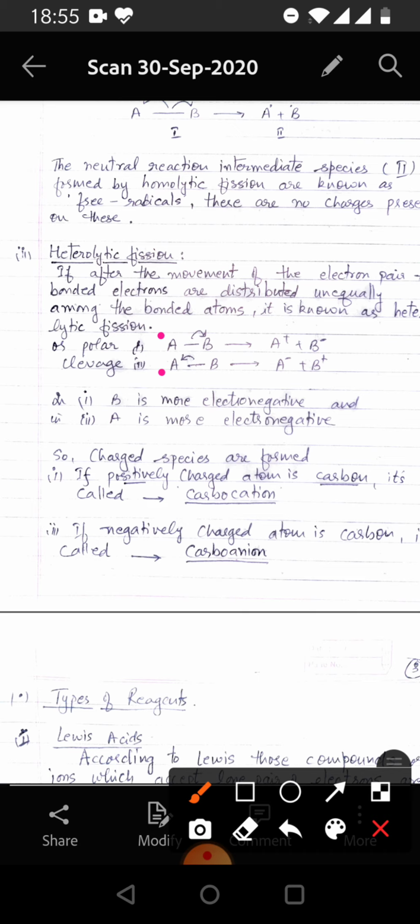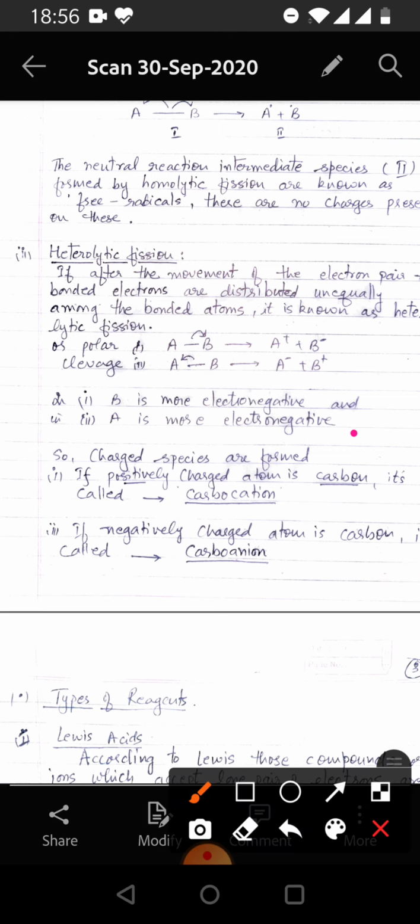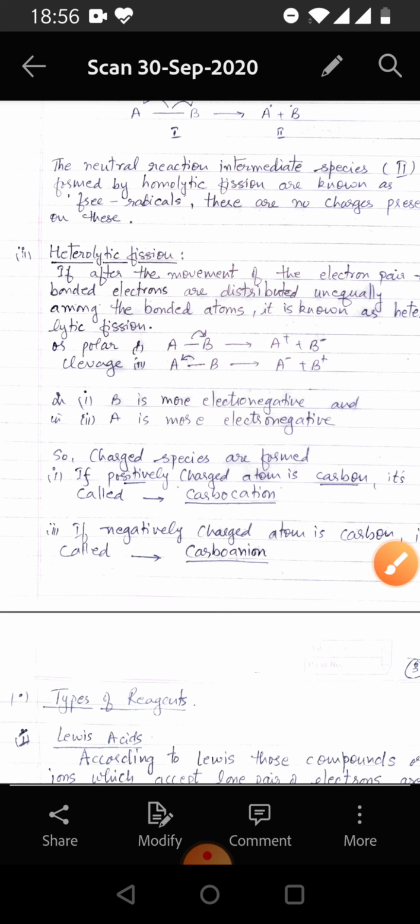In the second case we see that the bond pair of the electron between the A and B covalent bond shifts on the A, giving rise to A minus and B plus, and we can see from the above equations that in the first the B is more electronegative and in the second the A is more electronegative. So charged species are formed.